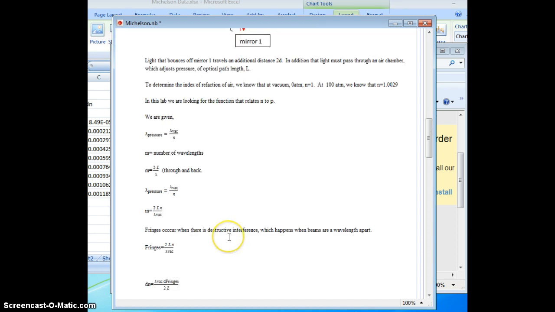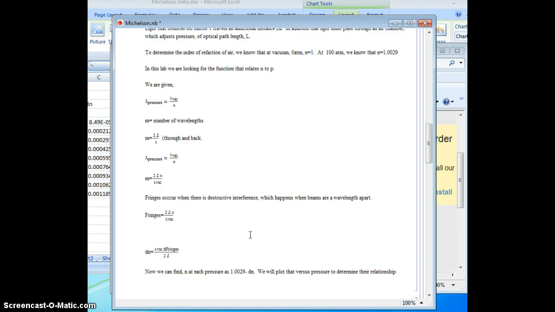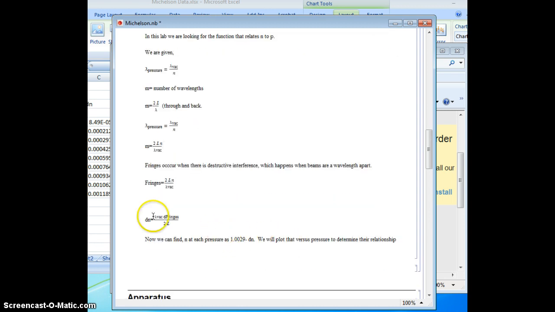Fringes occur when there's destructive interference, and bright spots occur when there's constructive. Every fringe occurs a wavelength apart, so the fringes equal 2Ln divided by lambda vacuum, and then we can find a relationship here for dn. So the change in n is lambda vacuum times the change in the number of fringes.